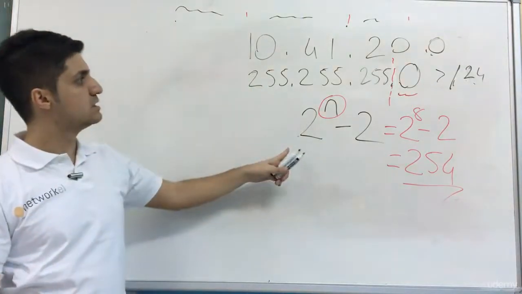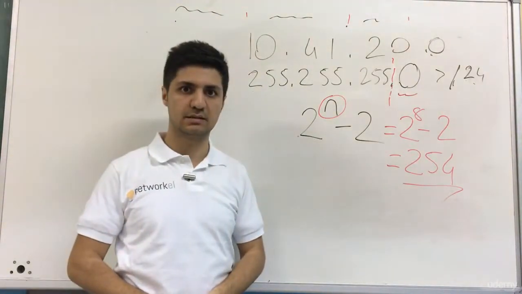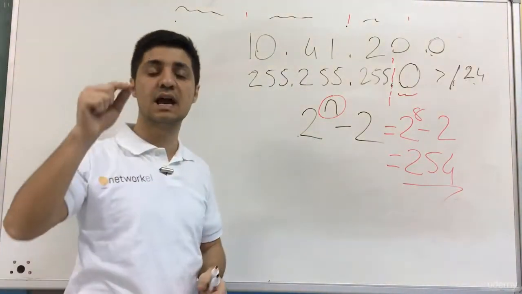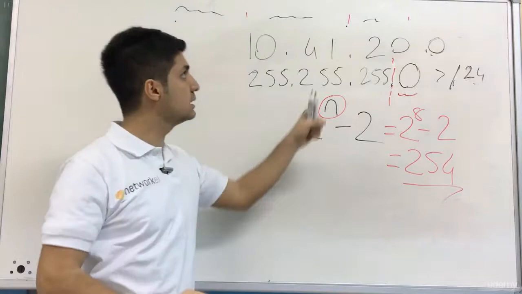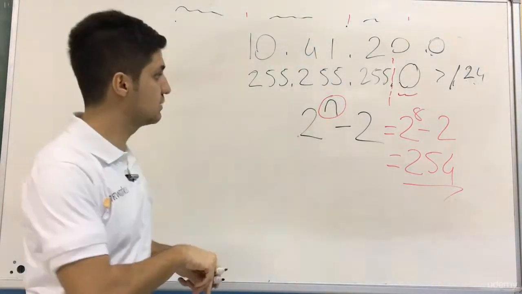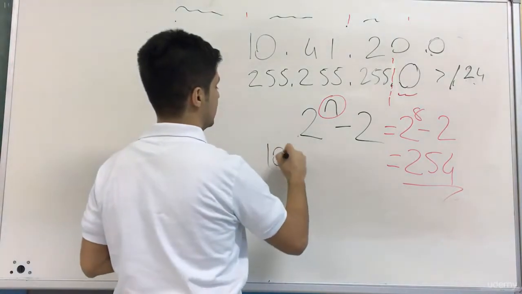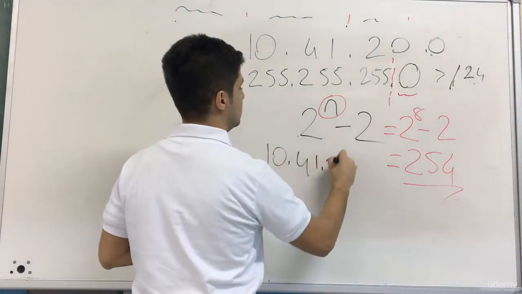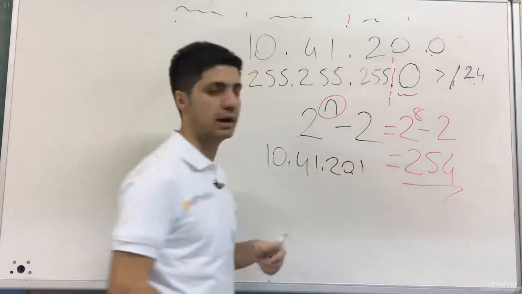Pretty cool. So, what's the first IP address? The first IP address is the network ID incremented by 1. Okay, that's the first IP address that we can use: 20.1.